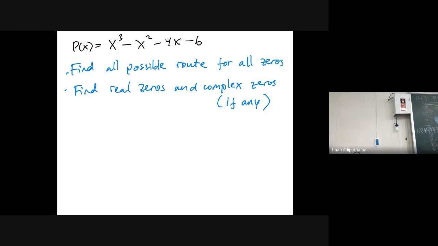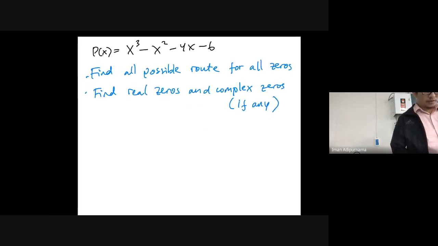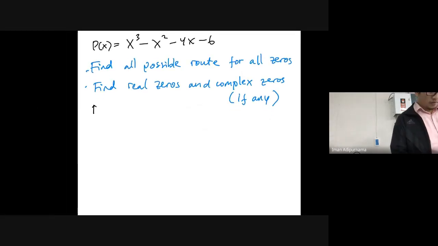Okay, anyone finish? Okay. I think finding the rule of signs is not too difficult.